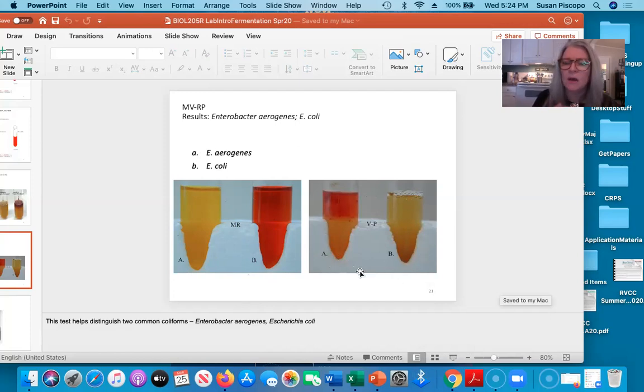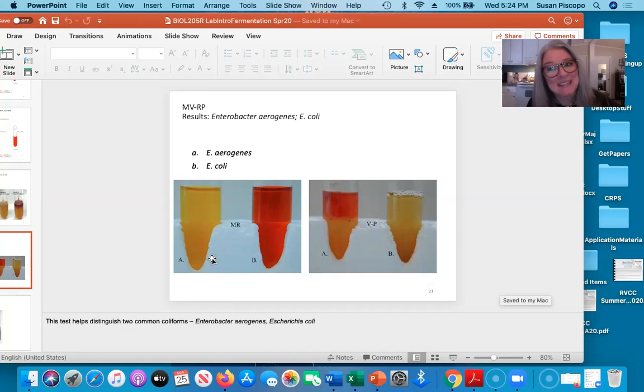Remember, the MRVP test is actually two tests. So look at tube A. The A tubes were inoculated with Enterobacter aerogenes. Tube A has a yellow color. Now, if this was a carbohydrate fermentation tube, we'd say, oh, that means fermentation happened and an acid was produced.